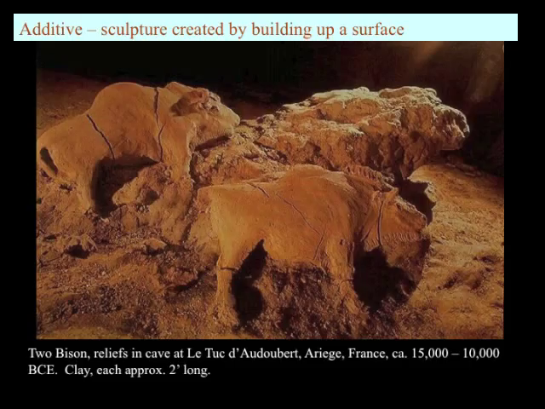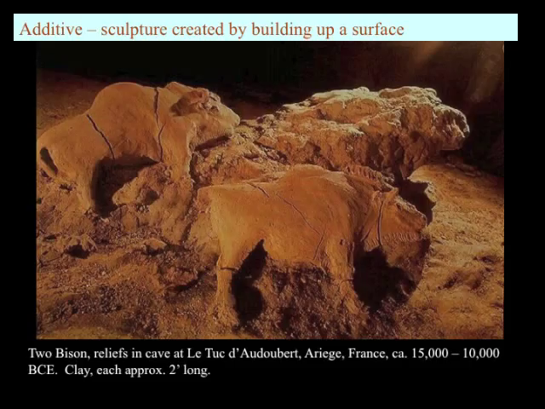Now, while our last example was subtractive, carved into the wall, this is an example of additive sculpture. Additive means it's built up. So rather than carving into an object, you're building. Subtractive sculpture is generally done with materials like stone and wood, whereas additive sculpture is most commonly done with clay.